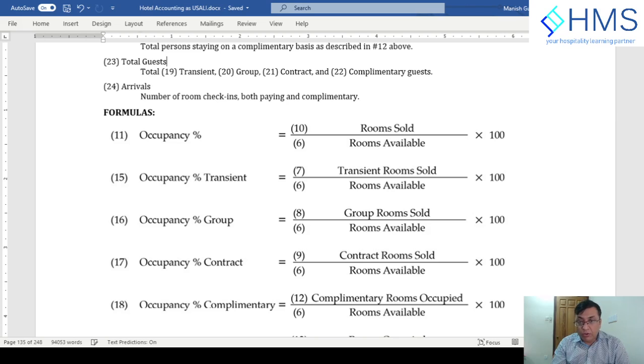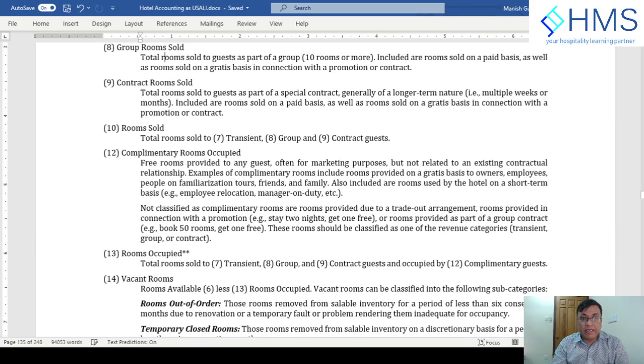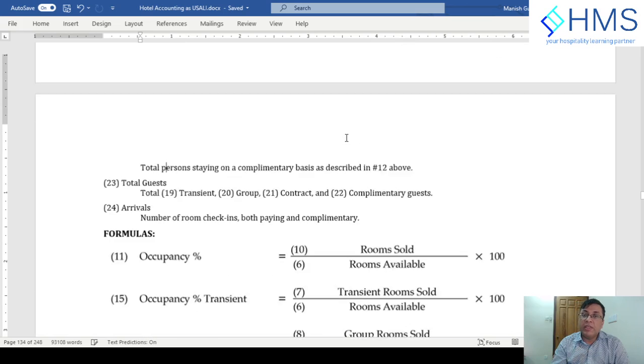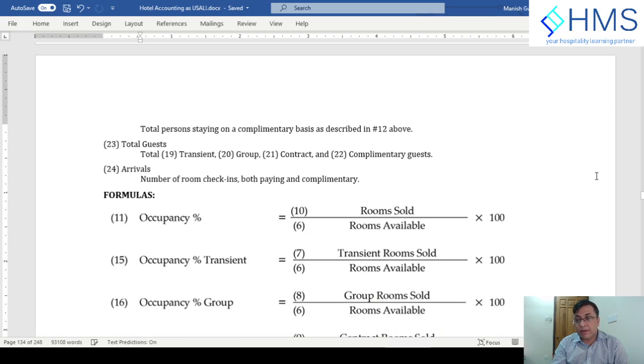The room sold, as we saw in the definition, includes transient, group, and the contract guest only. It does not include the complementary rooms.